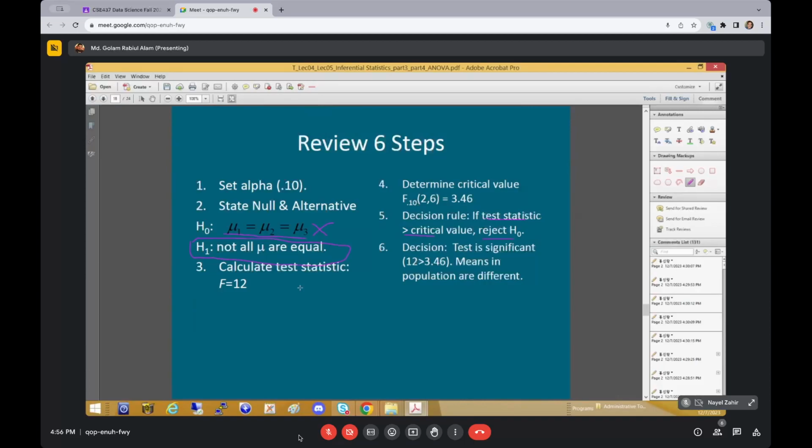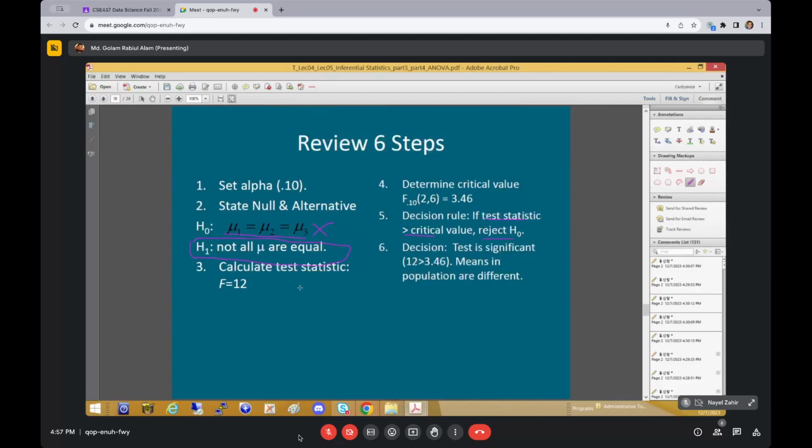Which one is better, we didn't find out. That is, whether only counseling is better, or only medication is better, or the combination of both is better. Currently we just found out that they don't have an equal impact.